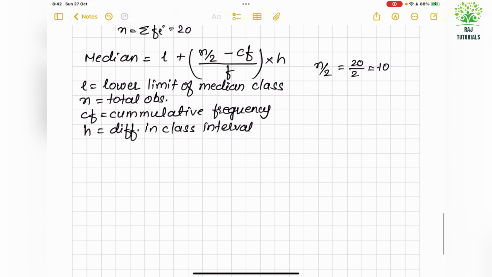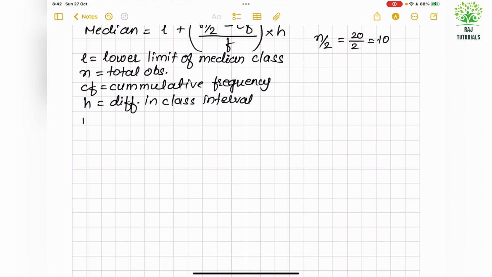Now if I find using the formula, the median equals L. So see, L is 10 plus n by 2, so n by 2 means 20 by 2, minus CF. CF is 7, upon F. So 6, into 5.